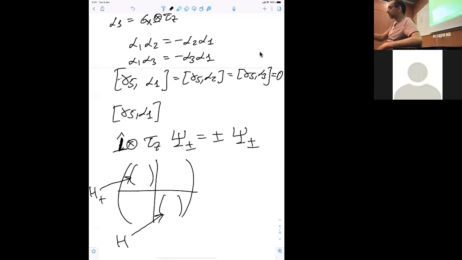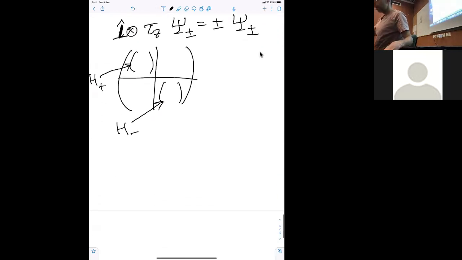So there will be a plus part of the Hamiltonian and a minus part of the Hamiltonian. This is the relativistic Hamiltonian, and these are 2x2 matrices. This is the vector of Pauli matrices multiplied by the vector of gradients. And I set some effective velocity, some speed of light or thermal velocity, to 1.